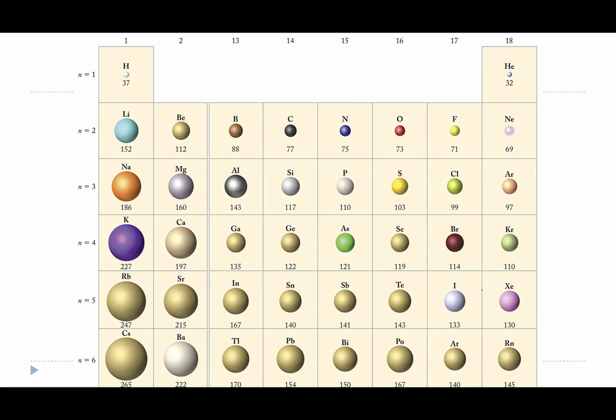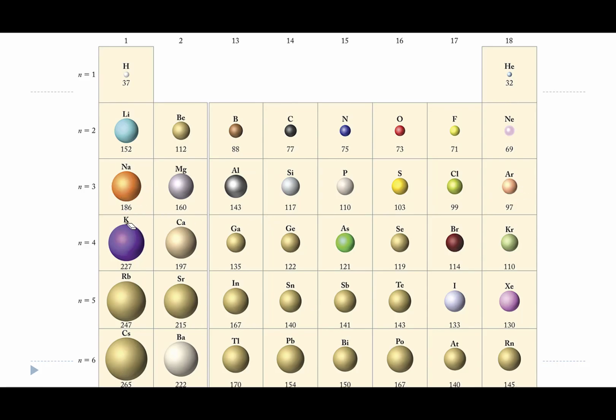When we look at the trend going from left to right, here's our sodium. We would see there's a little bit of pull from those valence electrons into the nucleus. The protons reach out, grab that valence electron, and try to pull it to the center. But if we go over to argon, we've got an incredibly large pull into the center of this nucleus. The nucleus is reaching out, pulling on those 8 valence electrons with its 18 protons, and hugging them in closer.